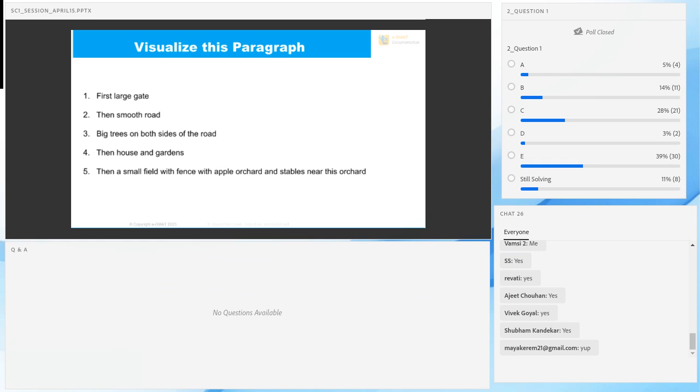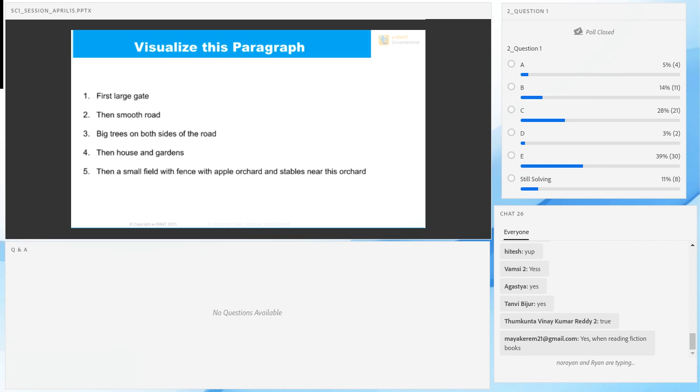In your regular reading you may do such visualization, but when it comes to actually answering questions on the GMAT, you feel that you have to change something. And that's the very wrong approach. When you're reading fiction books, yes, you extract those scenes, but that same core skill needs to be applied.